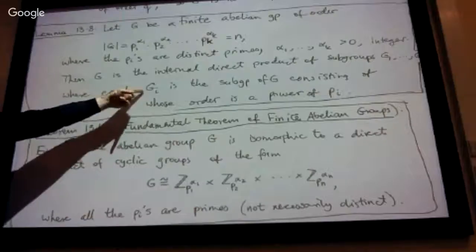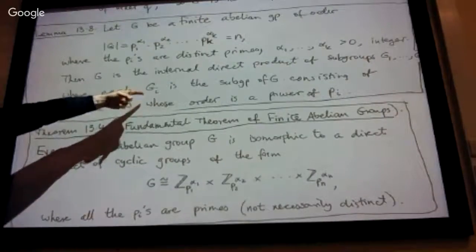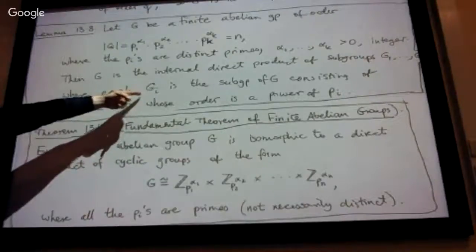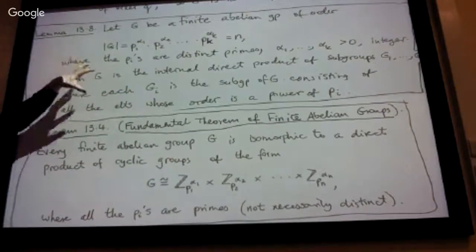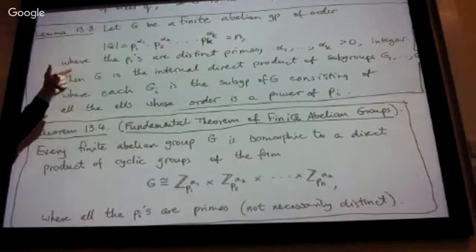They're not said to be cyclic, they need not be cyclic, but they're all p_i groups. Each G_i is a p_i group because it contains exactly the elements whose order is a power of p_i.